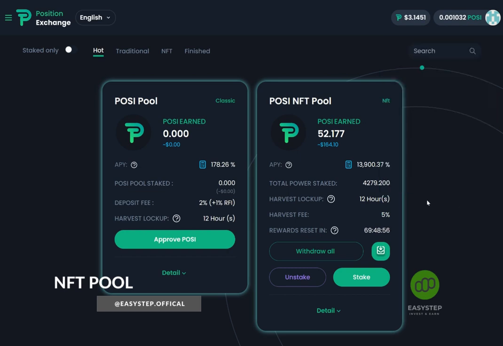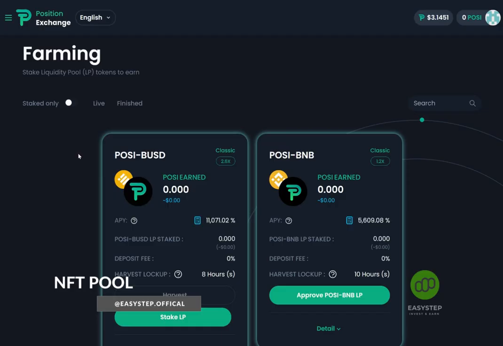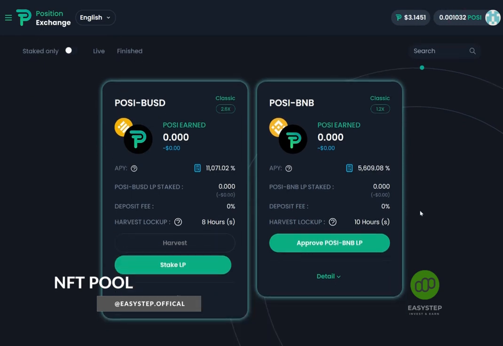When you stake into the NFT pool, you're actually locking your money here, meaning that you cannot simply put your money in and take it right back out, which you can do on the farm here with POSI BUSD and POSI BNB. You can put your money in with no fee, and take it out at any time with no fee.